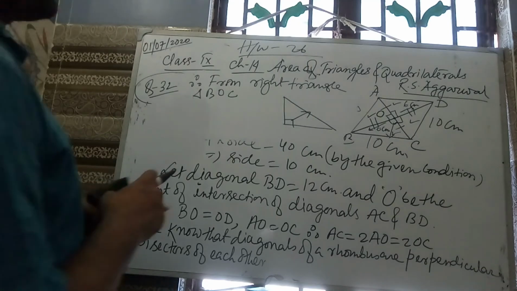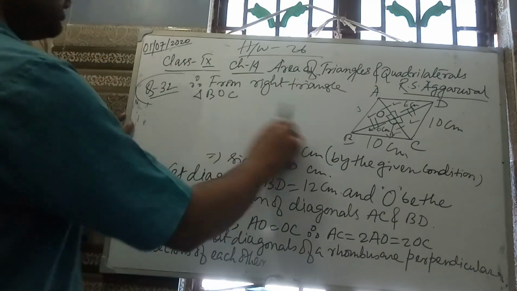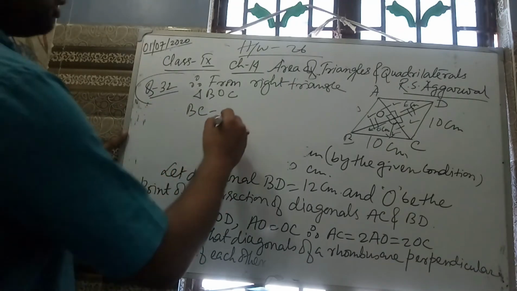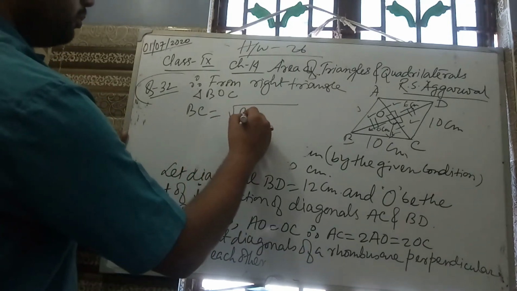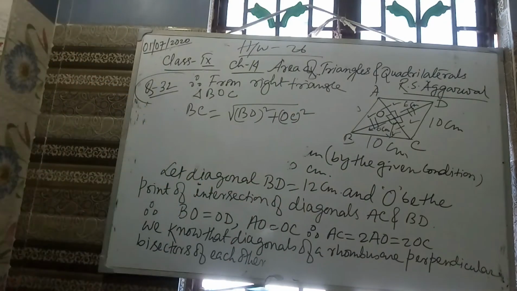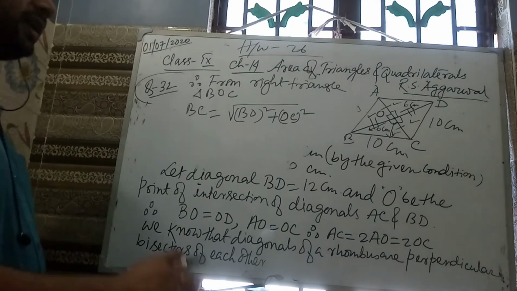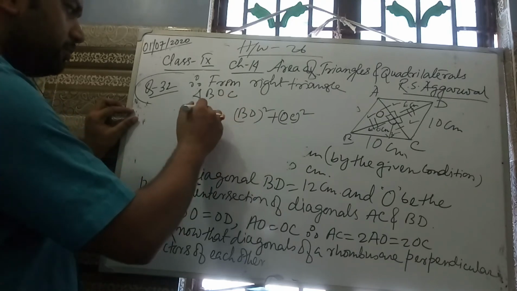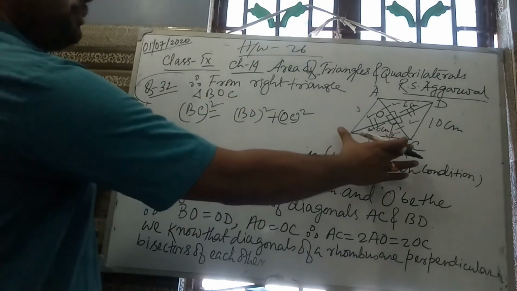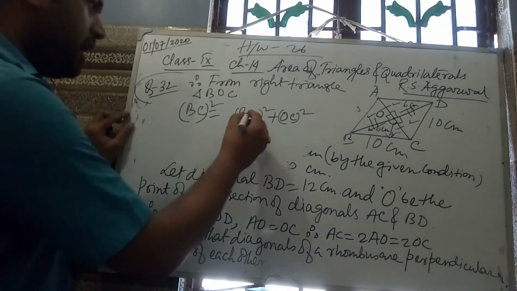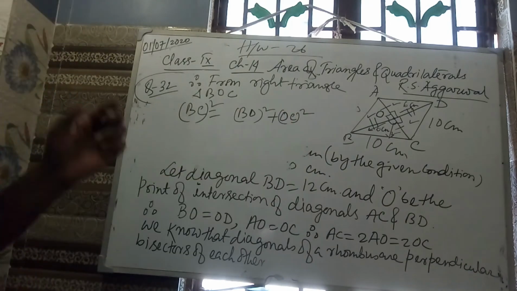So write it here. From right angle triangle BOC, BC equals hypotenuse equals square root of BO square plus OC square. Or you can write it like this: BC square equals hypotenuse square equals perpendicular square plus base square, so BO square plus OC square.